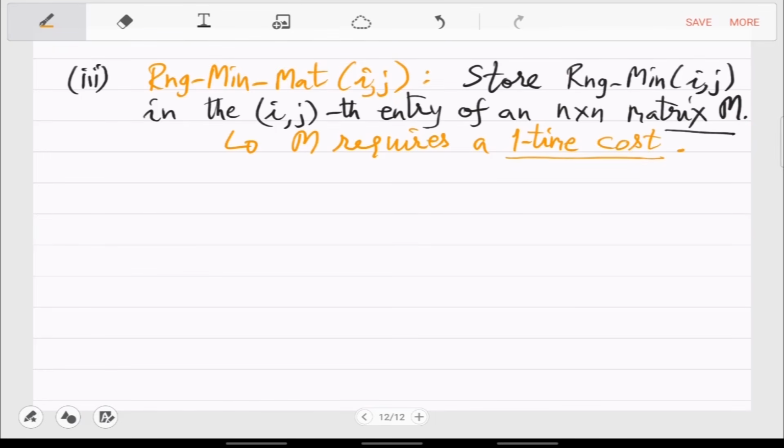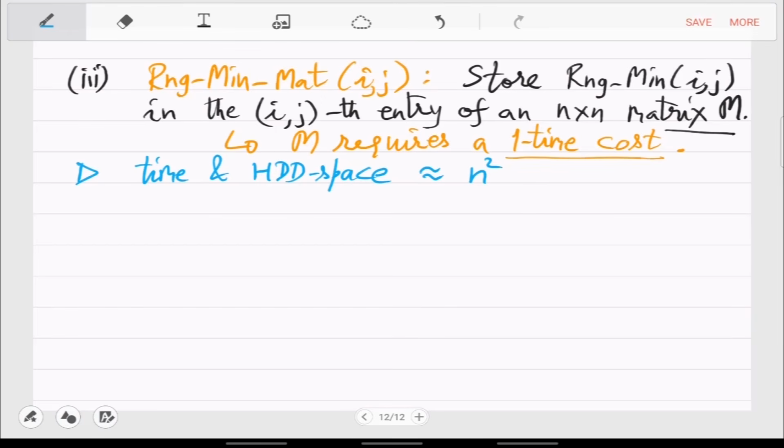But the problem is that this cost here will be prohibitively expensive, because if n is 10 raised to 8, then the matrix is 10 raised to 16. So nobody will pay you to do this. So the problem here is that both time and space here comes out to be n square, right?